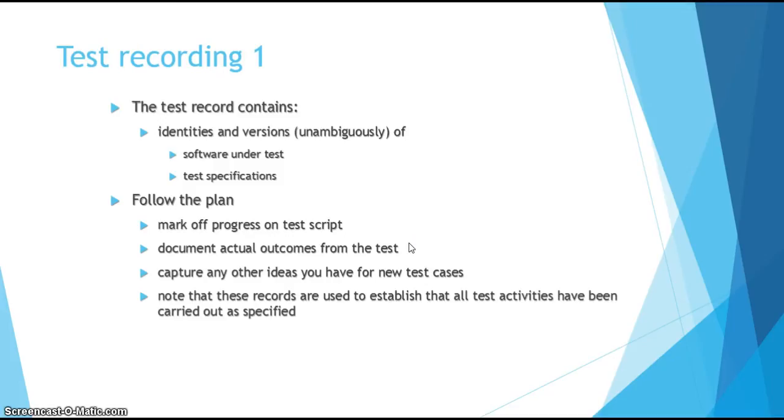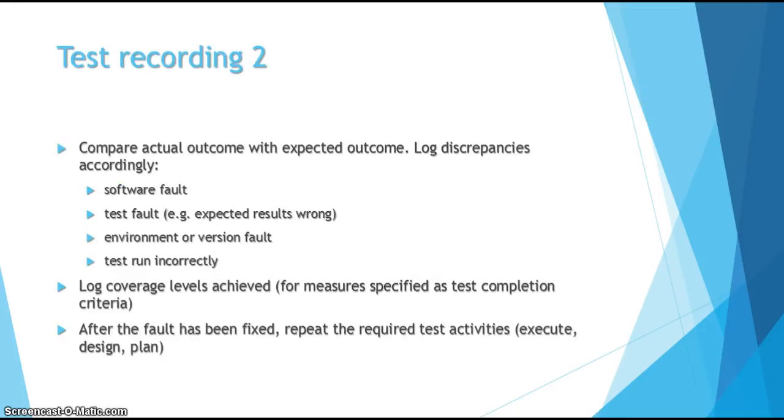Now in the test execution, you have to have a record of the various versions you're testing and the actual outcomes, and capture any new ideas for new test cases, and you have to keep records that all the activities have been carried out.